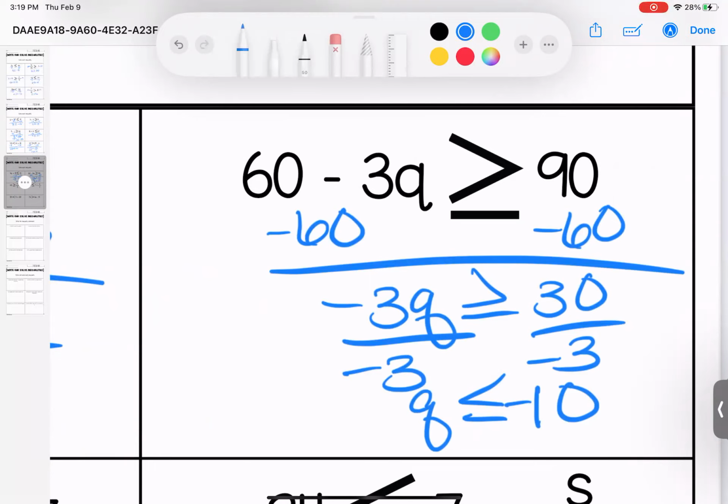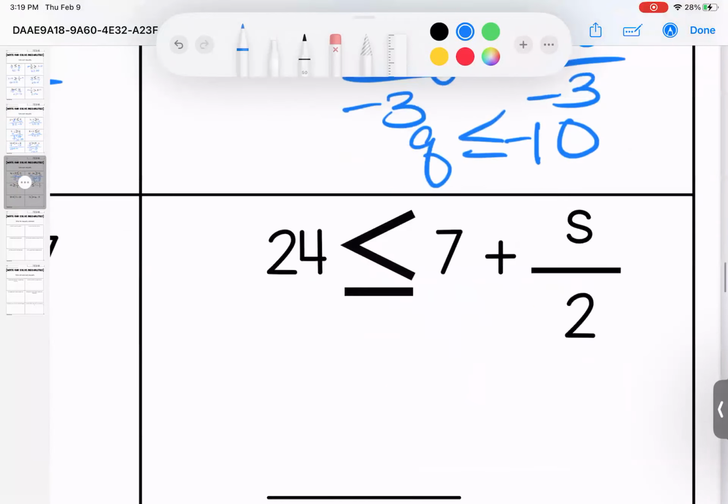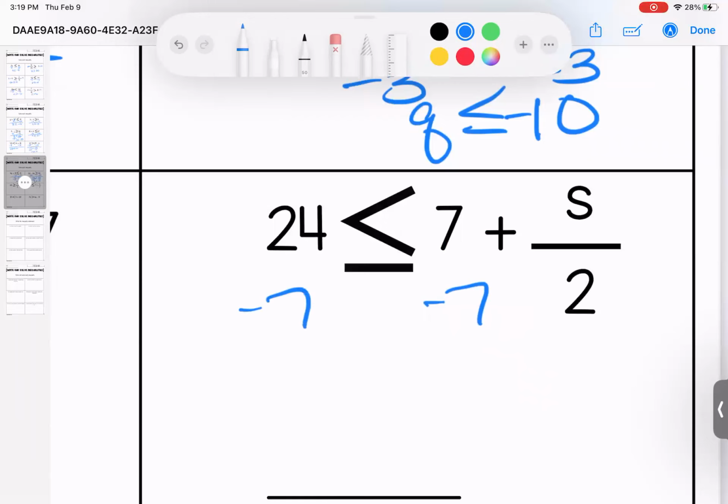Q is less than or equal to -10. Coming up here, I'm going to start with subtracting 7.